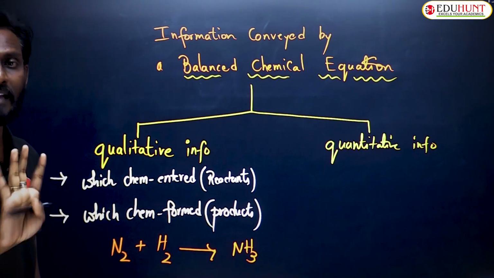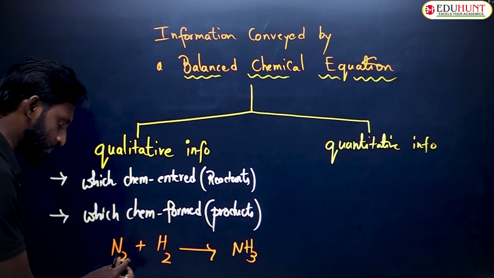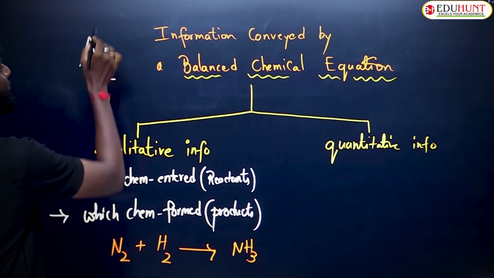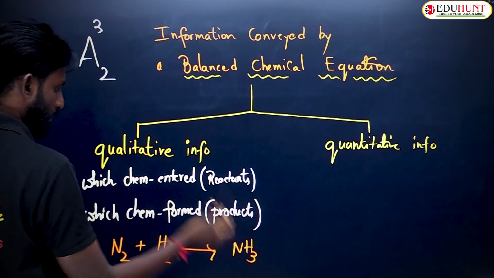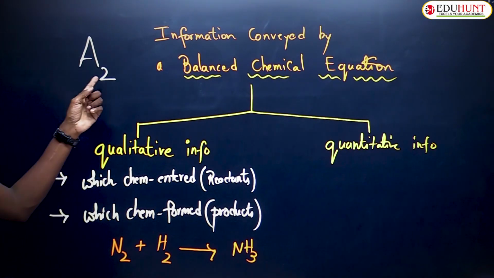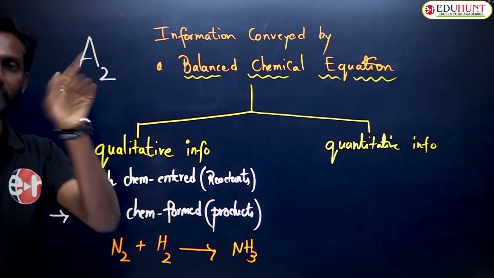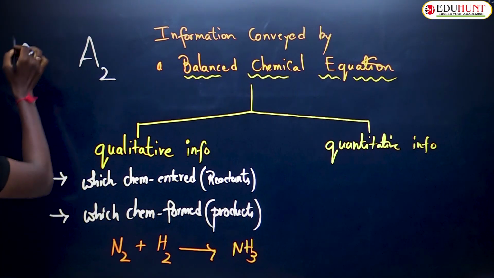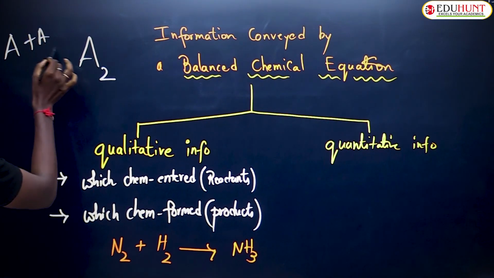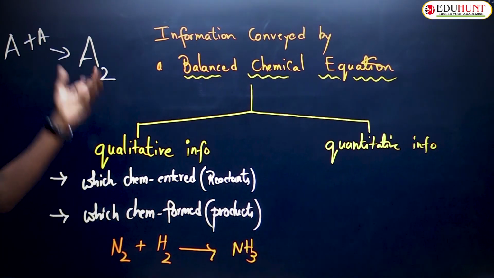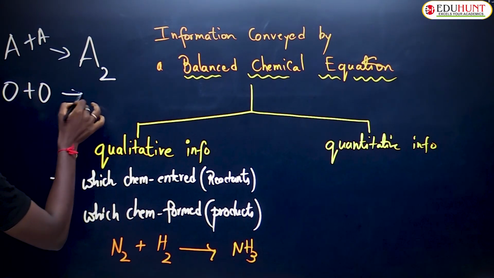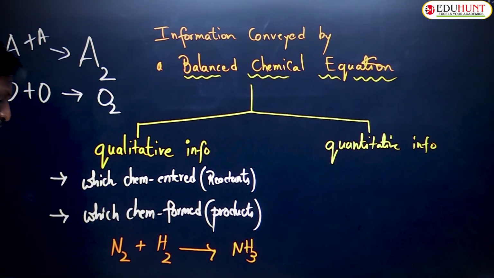For that, never change the subscript. Subscript telling you there are 2 atoms of A. There is A atom plus A atom, 2 atoms combined in this way to become A2, just like an oxygen atom combined with an oxygen atom to give an O2 molecule.